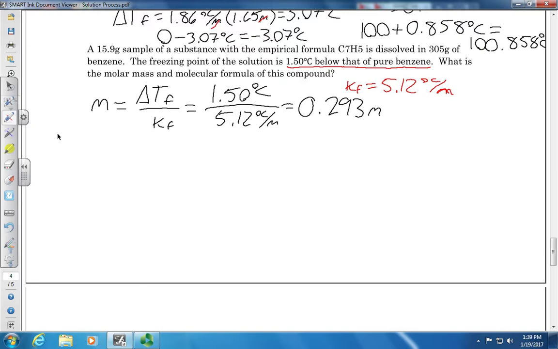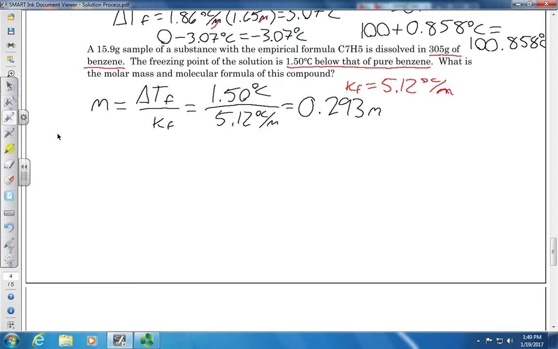And in fact, we are given the mass of the solvent. So that's a clue that we probably need to also find the moles of solute. And from the moles of solute, we might be able to find what we're looking for, which is the molar mass and molecular formula of the unknown substance.